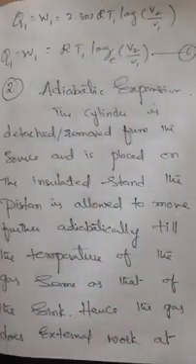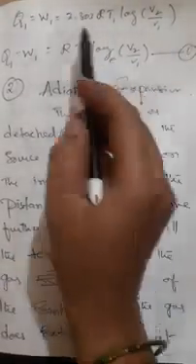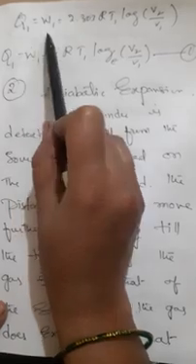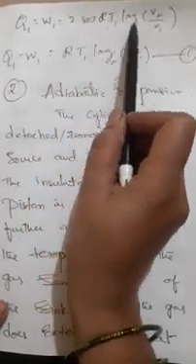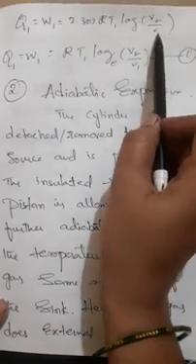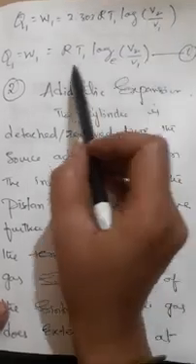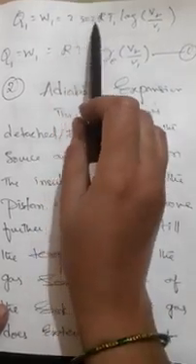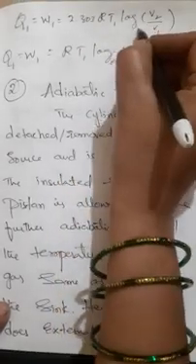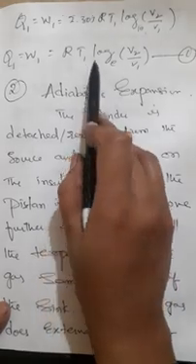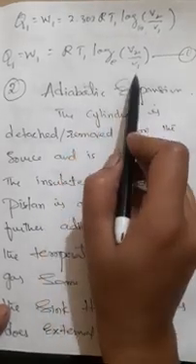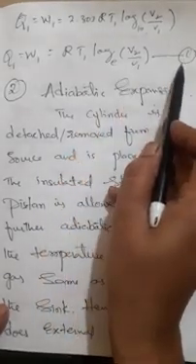Now if you integrate this equation and substitute the limits, we can write Q1 is equal to W1 is equal to 2.303 RT1 log V2 by V1, where log base 10 is used. Let us take this as equation number 1.